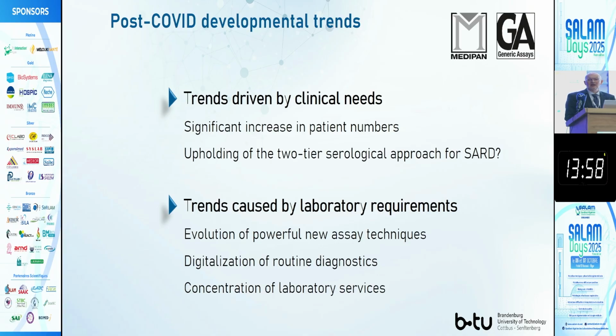I already touched upon the fact that we see rising numbers of patients. And that, of course, is an issue that we need to discuss with regard to the two-tier approach that is recommended in accordance with the guidelines for the serological diagnosis of systemic autoimmune rheumatic diseases.